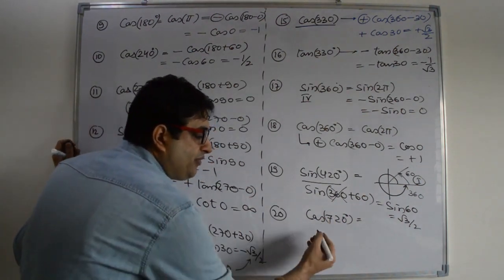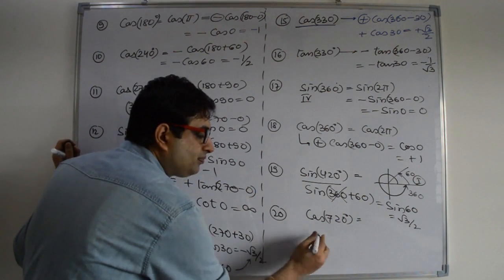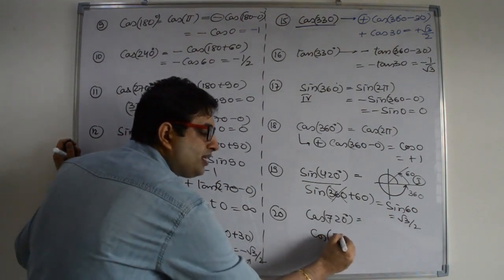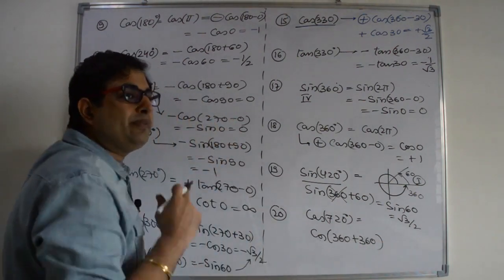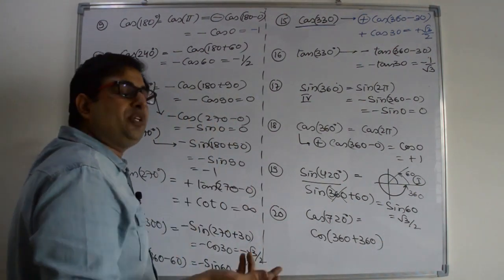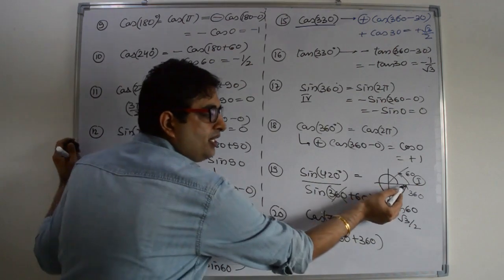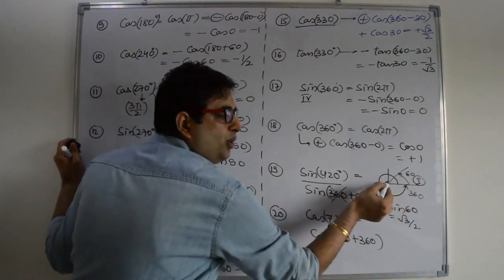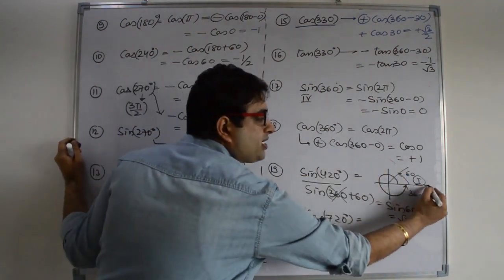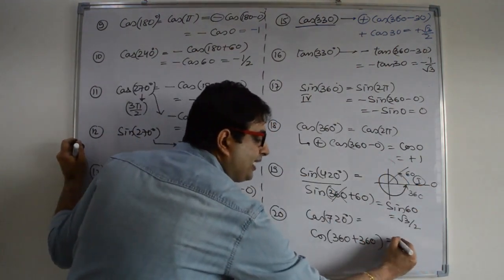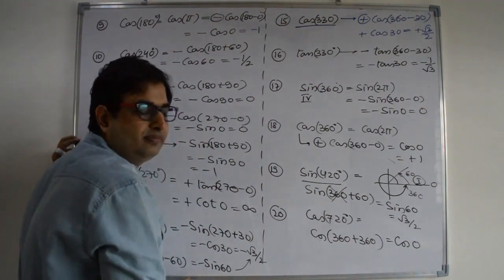Here, 720. 720 is how much? Cos of 360 plus 360. That means 2 cycles. After 2 cycles again I will reach the 0 end. This is 360, again 360, we will reach 0 again. So you can directly write it as cos 0, right?